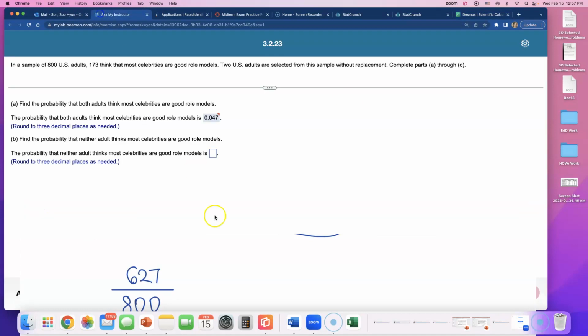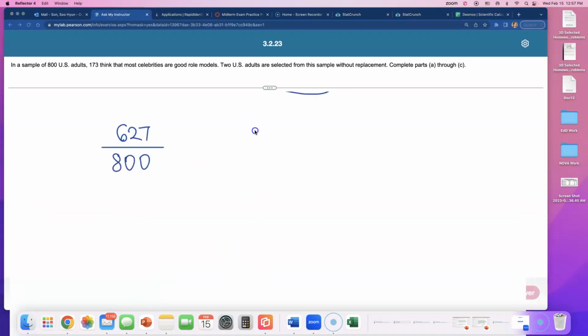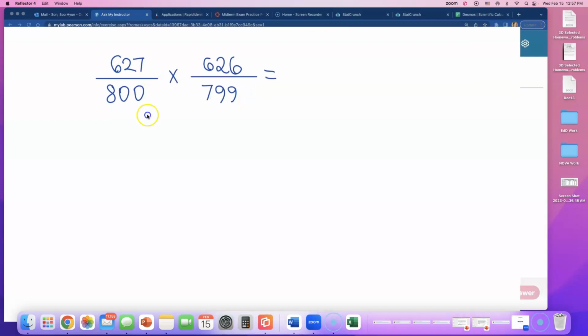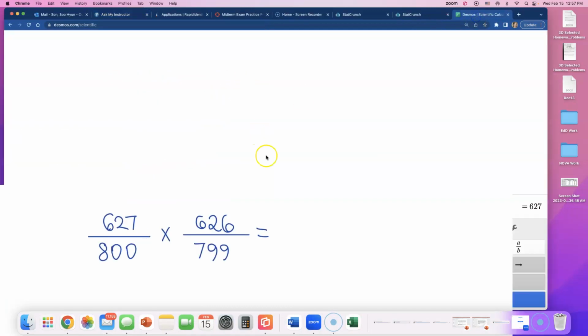Okay, now we ask another person, right? Look, when we go in and ask the second person, there are only 799 people left. Out of those 799, how many people think celebrities are not good role models? 626. Why is it one less? Oh, we got one person out of the pool already, right? So that's what you will have to do. Let's go ahead and multiply on the calculator.